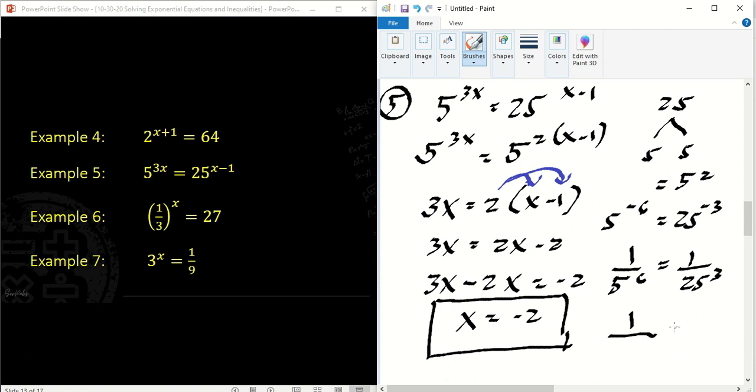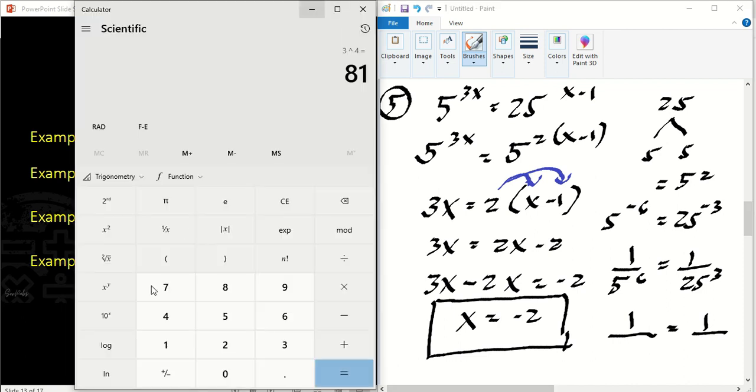Kailangan daw maging magkamukha ito. Okay, 5 to the 6th power. Calcu tayo. Kung may exponent yung calcu, gamit ng exponent. So, 5 exponent 6 equals 15,625. Kung sa bagay, kung mga naka-cellphone naman kayo, makakapag-download kayo ng application na scientific calculator.